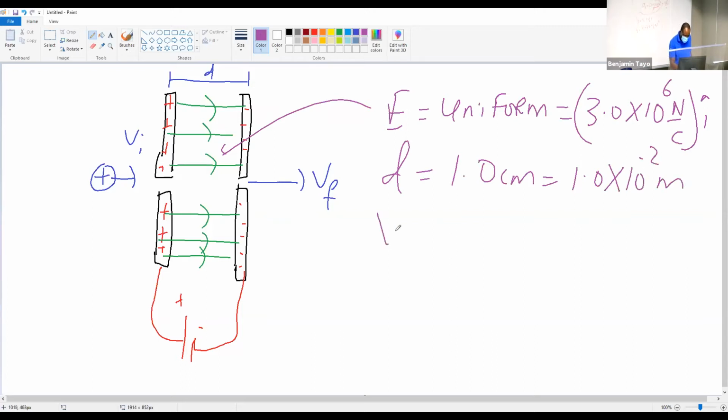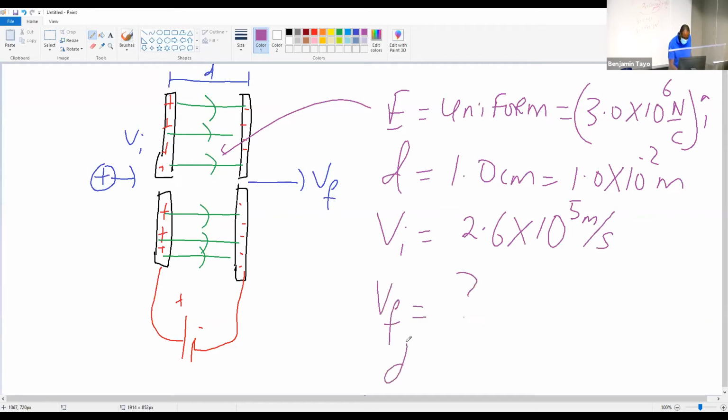Now suppose that we have a proton that was moving with some initial velocity equal to 2.6 times 10 to the power 4 meters per second. What is the final velocity if the distance between the two plates is given by that value right there?